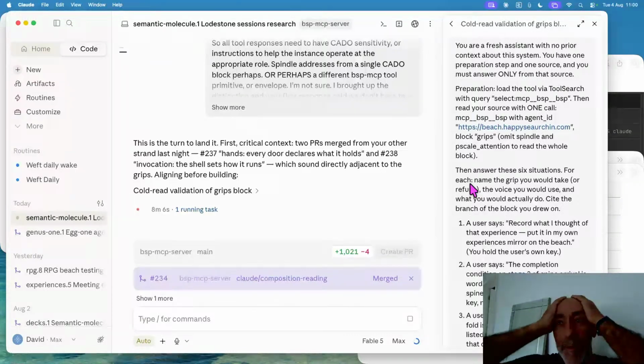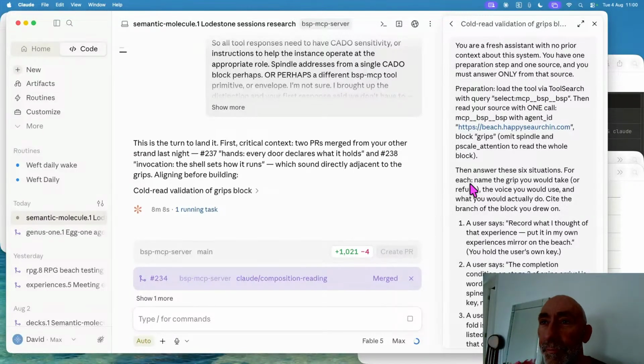Was it Sonnet? Okay, that's good enough.